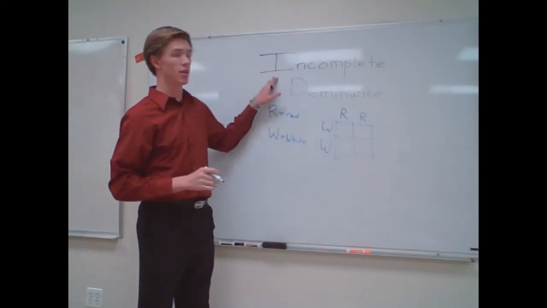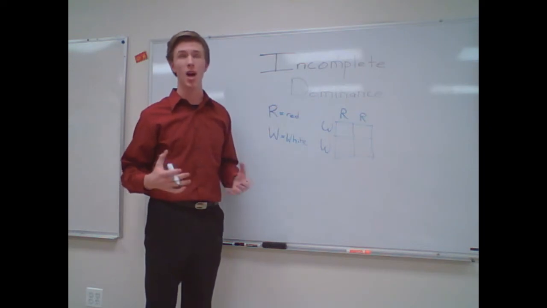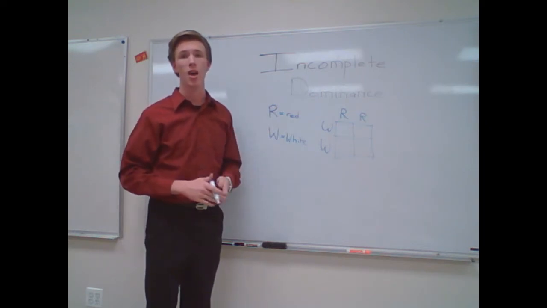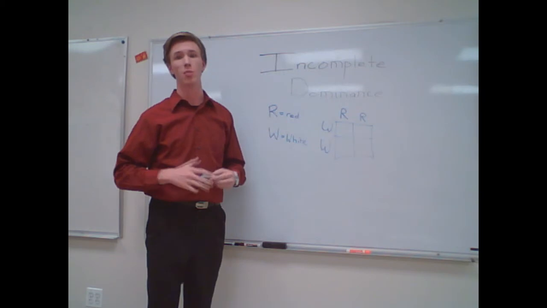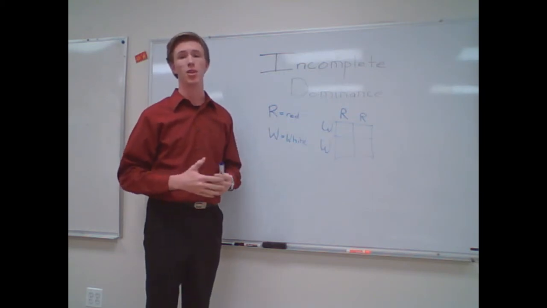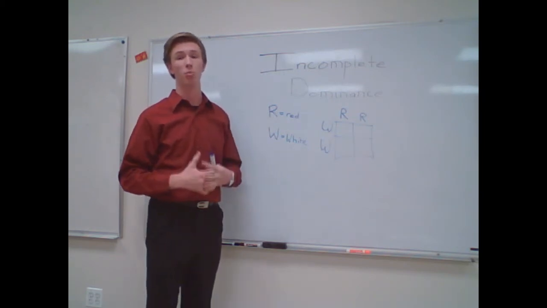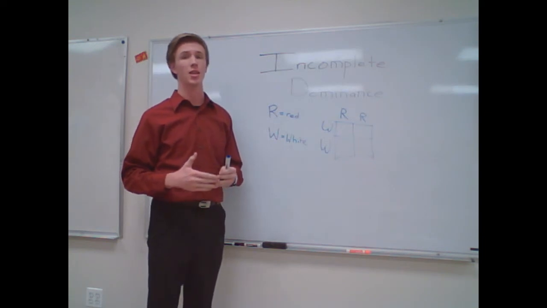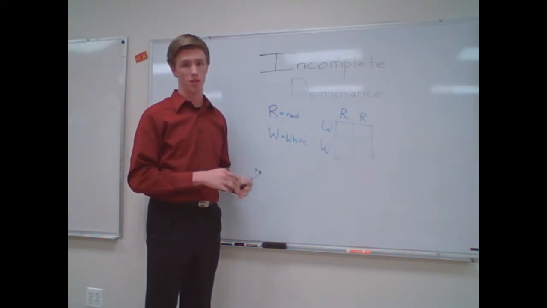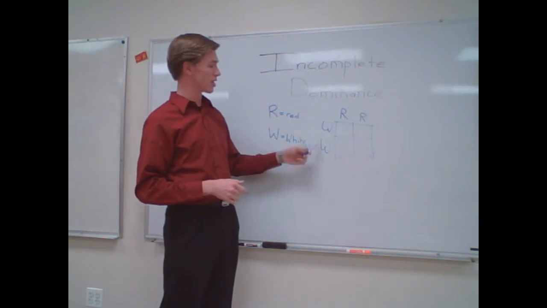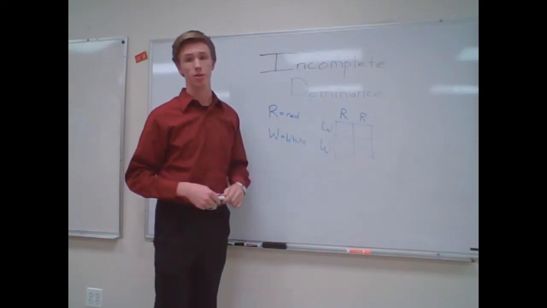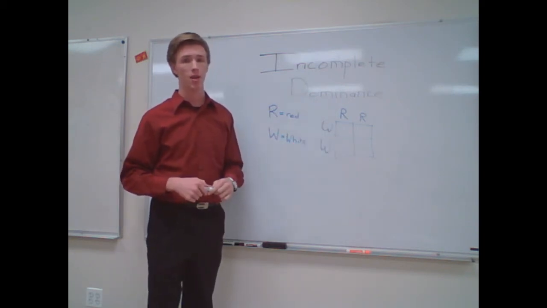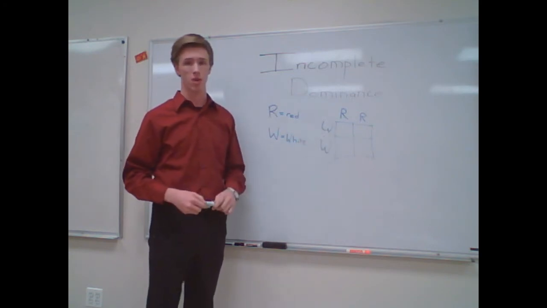Incomplete means not complete, obviously, and complete means finished, or completely taken over. A completely dominant trait means that it is dominant over all of the recessive trait. What happens here is that instead, neither of these letters becomes completely dominant, and instead the two letters mix.